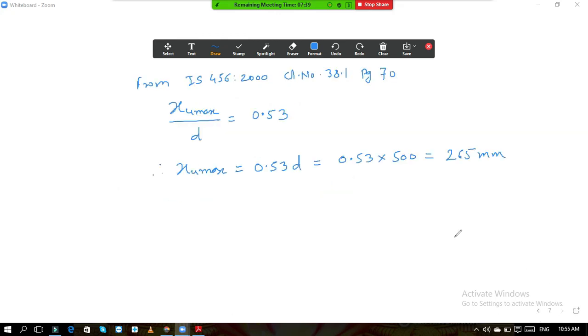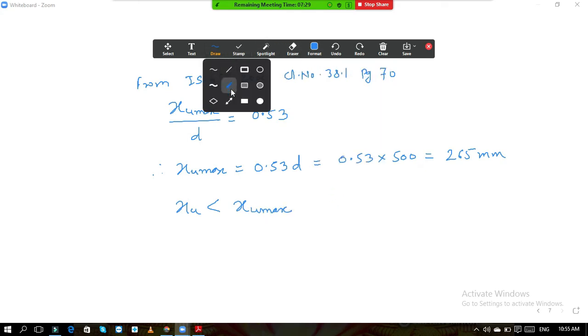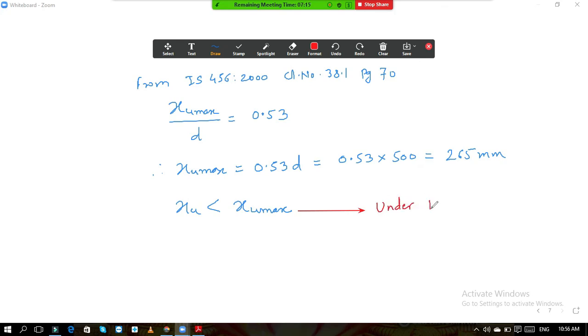XU max is greater, so XU is less than XU max. When XU is less than XU max, this is an under reinforced section.